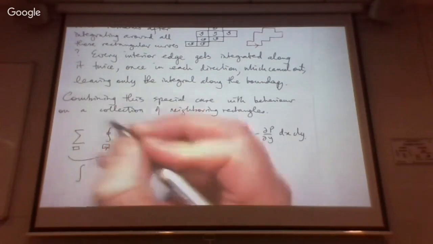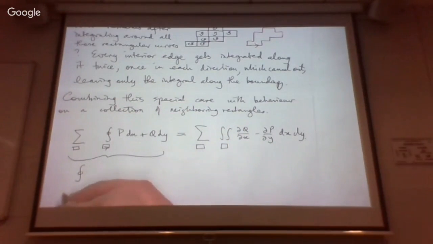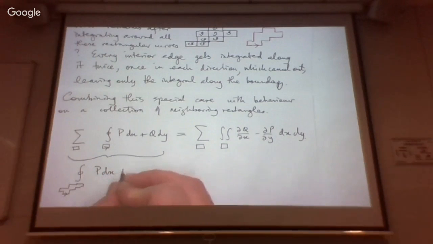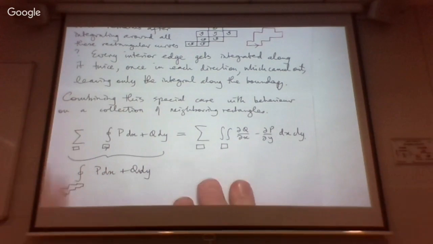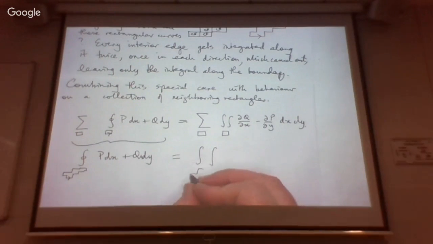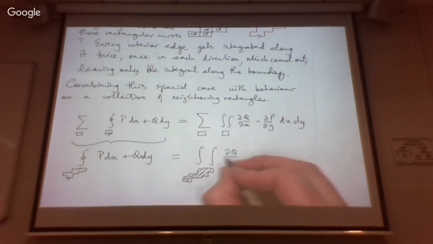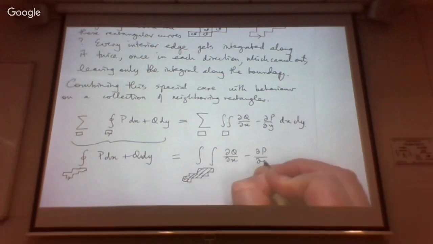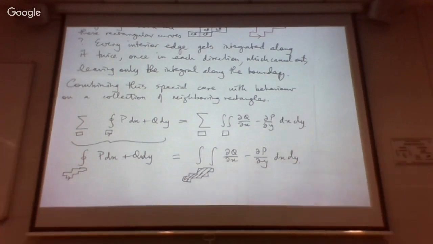So this just gets to be the closed path integral, the integral over the boundary of the rectangular region, P dx plus Q dy. And this is equal to the double integral over the interior of that rectangular region. This is what I mean when I say we're giving a sketch proof.